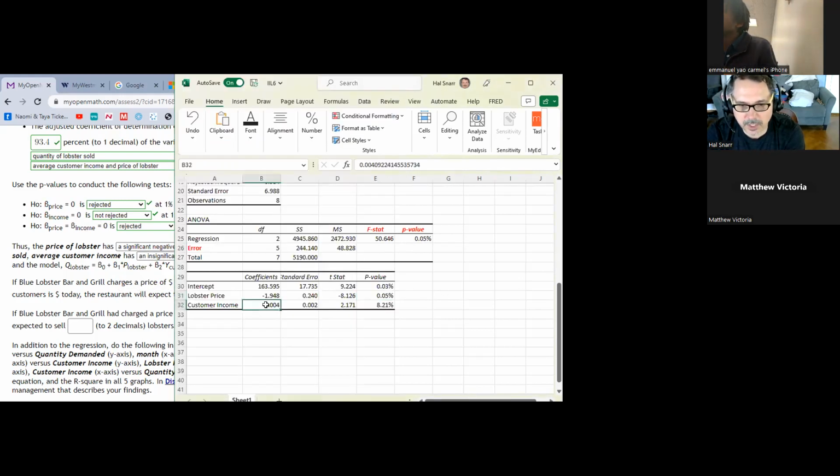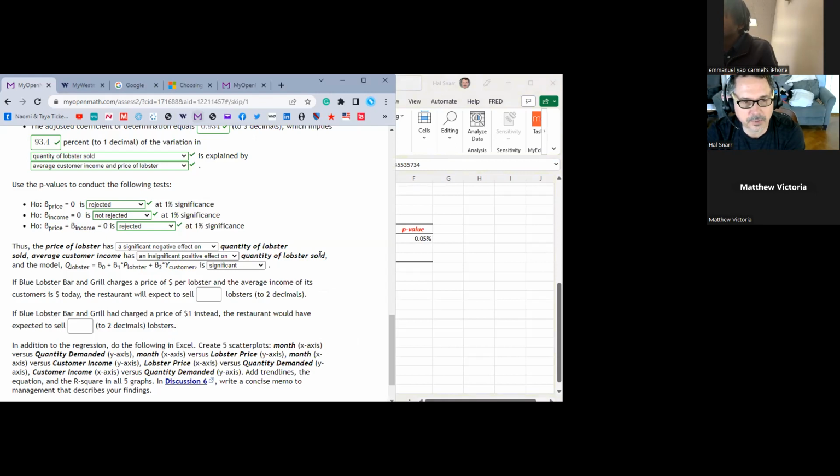In terms of customer income, the coefficient is positive, but the p-value is bigger than the significance level of 1%. So in my model, I'm going to say that this has a positive insignificant effect on quantity of lobster sold.